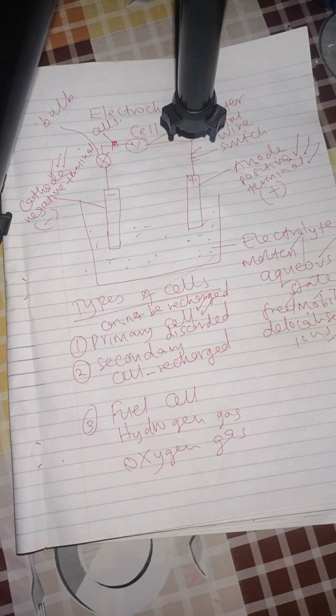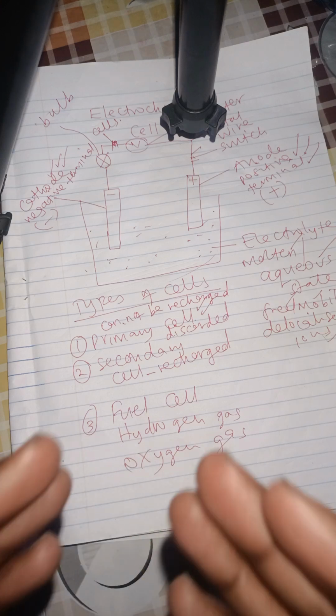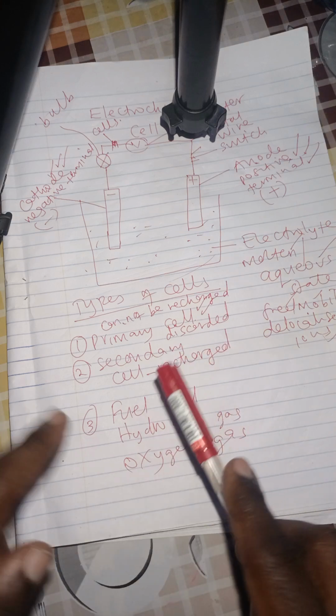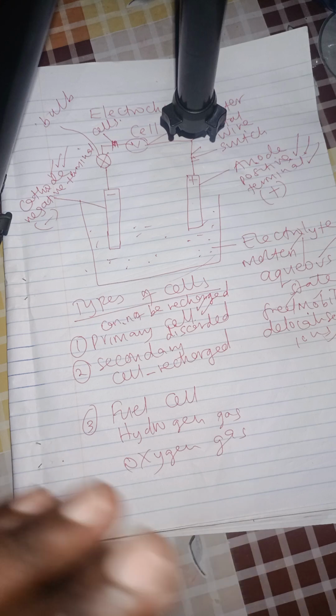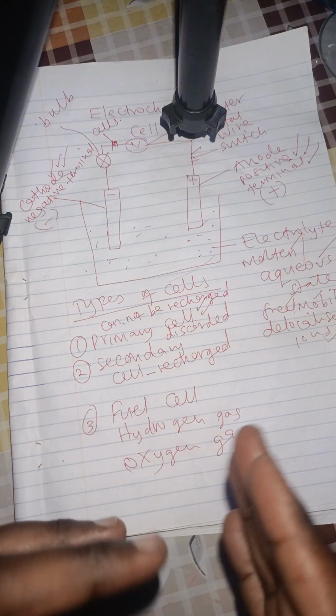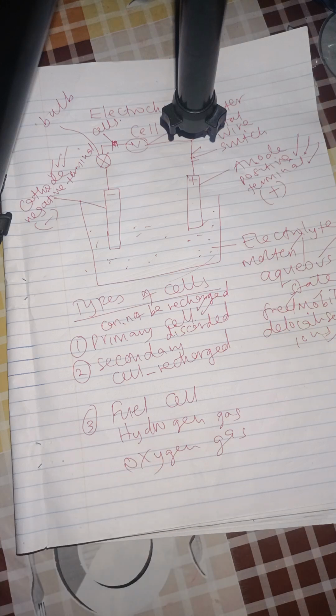So once hydrogen is fed into this fuel cell and oxygen is as well fed into this fuel cell, it can continuously supply an electric current as a source of energy. And of course, this fuel cell cannot practically store energy, but the supply of current as a type of energy can only be taken care of if these two very important gases are fed into the cell.